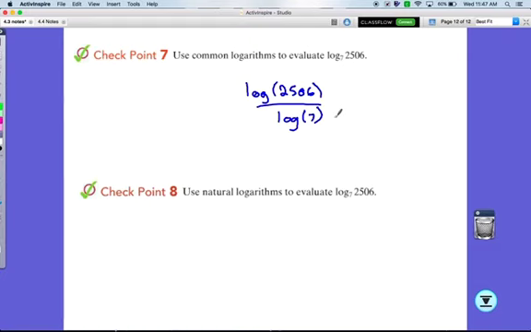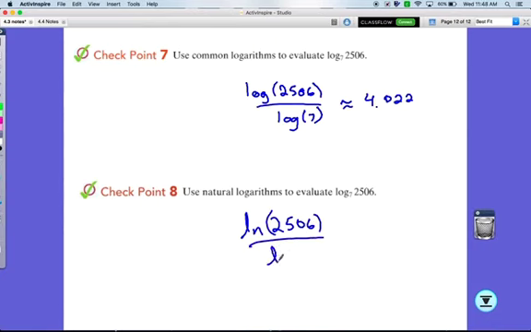That gives me 4.022 when you round it to 3.